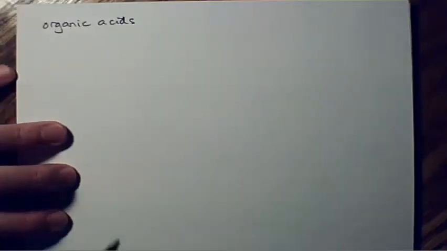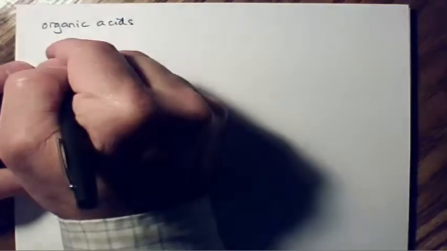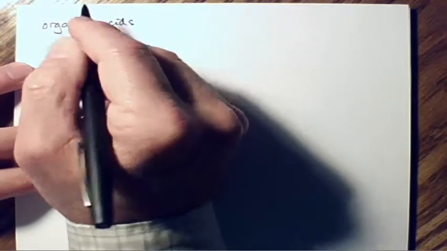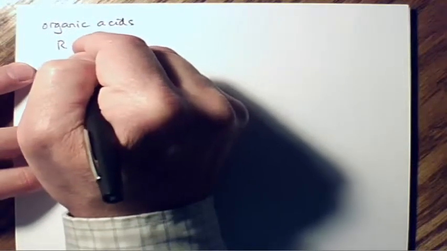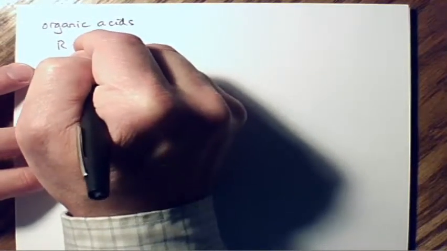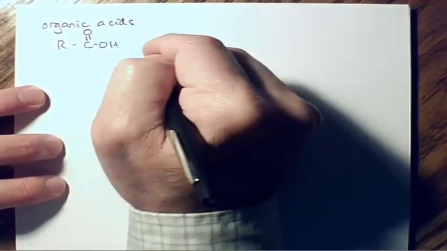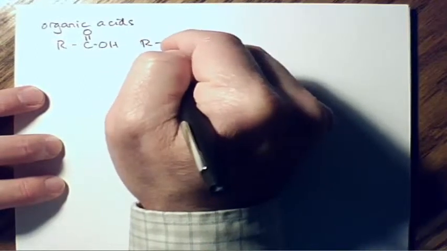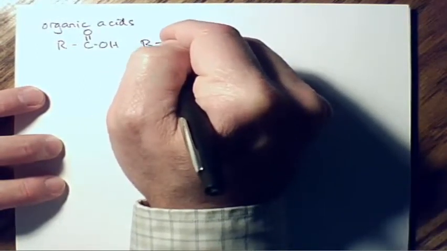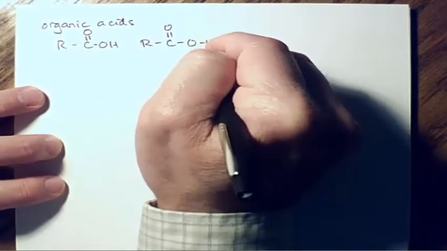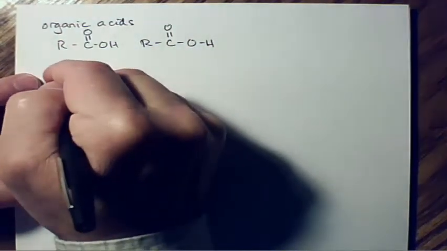Now, there are a lot of ways to write some of these things, and we've looked at some of these when we were looking previously at polymerization. Typically, you'll see a general formula for a carboxylic acid or organic acid written like this. You can write it out in a complete structural formula. You can condense it.